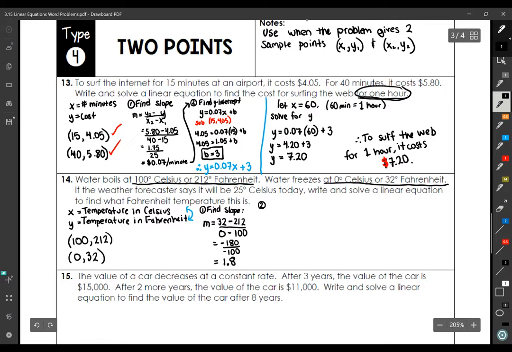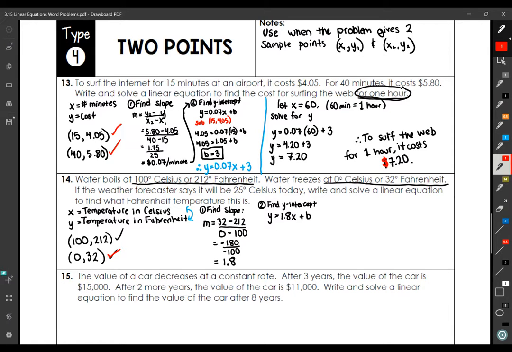Step 2, now we have to find our y-intercept, or initial value. So we have y is equal to 1.8 times x plus some b. Now I'm going to substitute in one of the two points. It really doesn't matter which one. I might pick the one with numbers that I personally think are easier, so I'll substitute the point 0 comma 32.